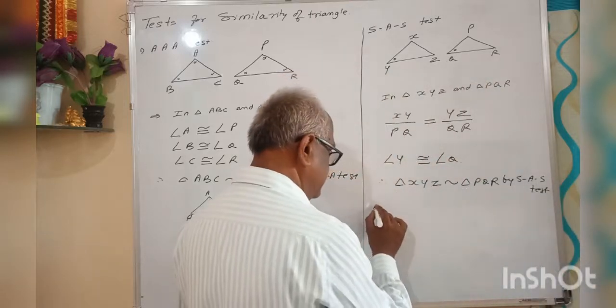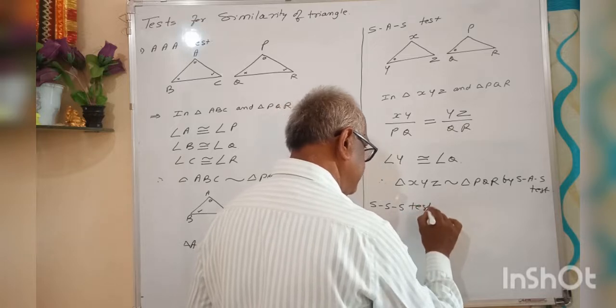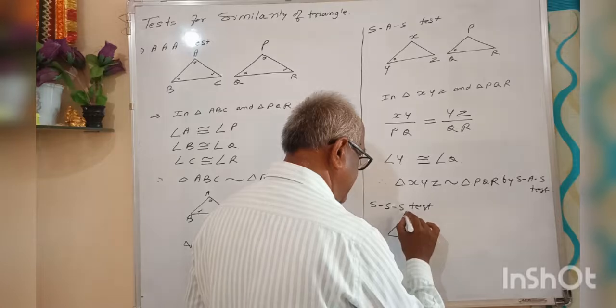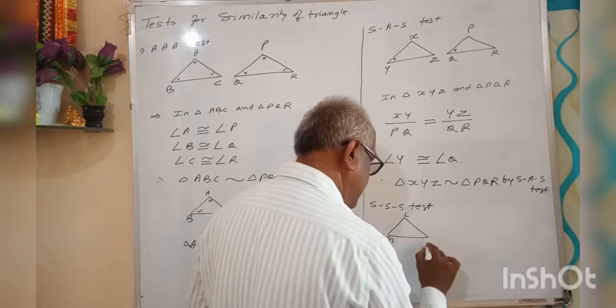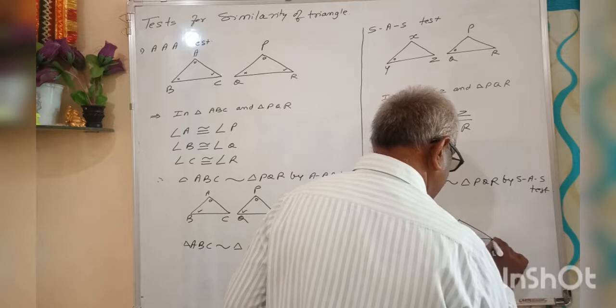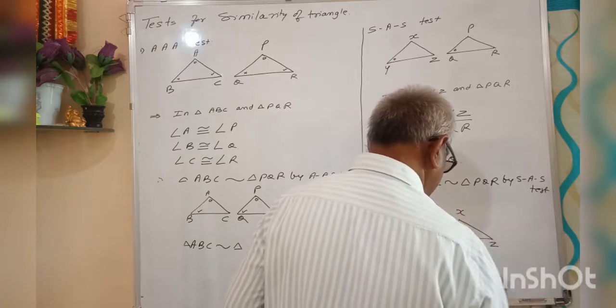Now another one, that is the side side side test. Now two triangles are there, triangle LMN and another triangle XYZ.